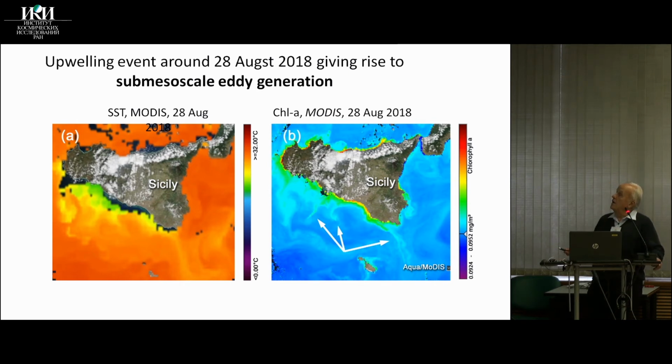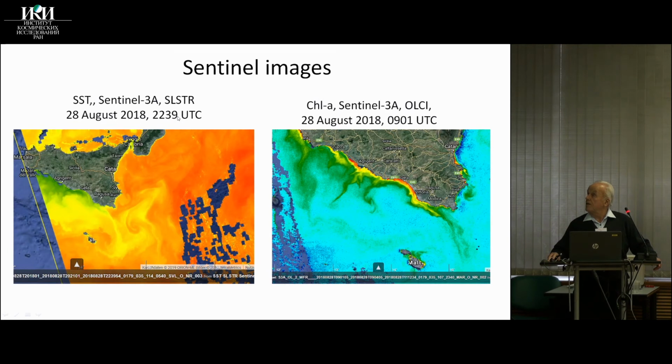They evolve in the decaying stage of an upwelling event. Then they develop, and they usually even form, as you can see here, cyclonic features.